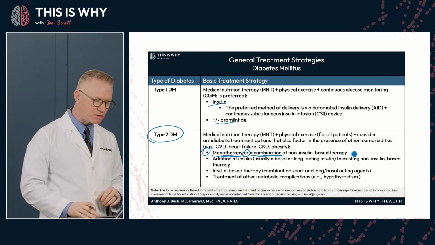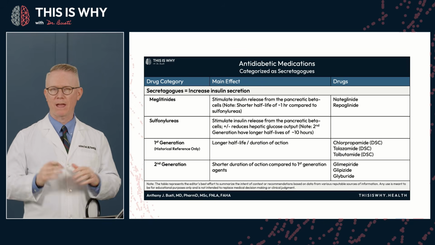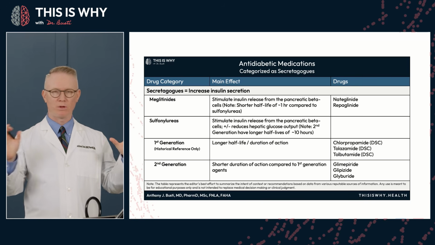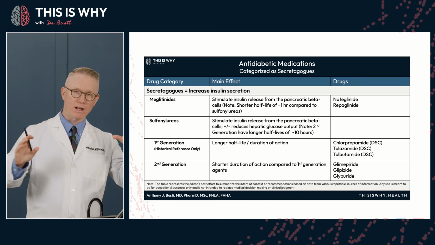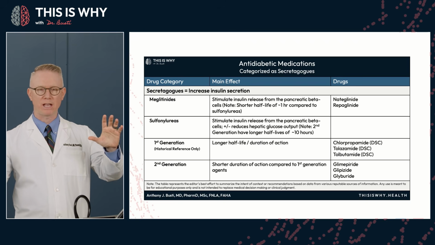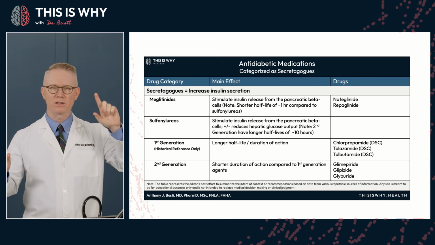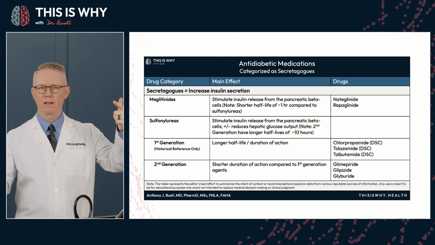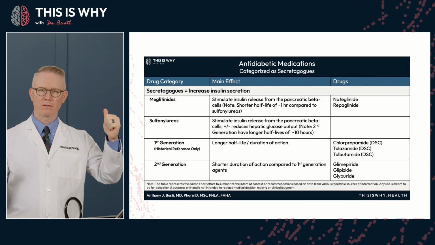Now, do they always get patients to control? No, but they still fit in that bucket. Now, when we talk about non-insulin agents in that first bullet, you're talking about secretagogues and non-secretagogues. Well, the secretagogues are meglitinides and sulfonylureas that facilitate the release and concentrations of insulin present, which can cause weight gain, risk of hypoglycemia, okay?